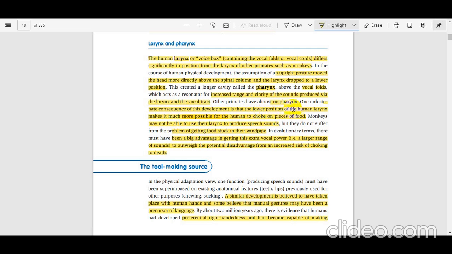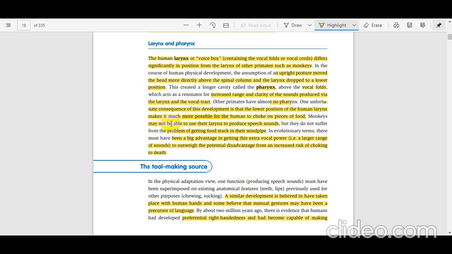The lower position of the human larynx makes it much more possible for a human to choke. Although these are responsible for producing clearer sounds, still there is the danger of choking on a piece of food.